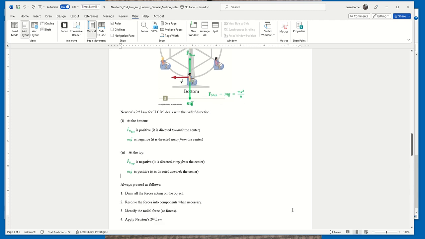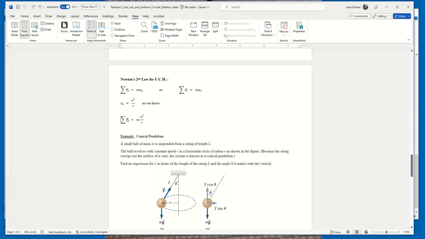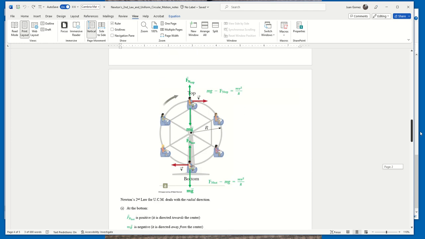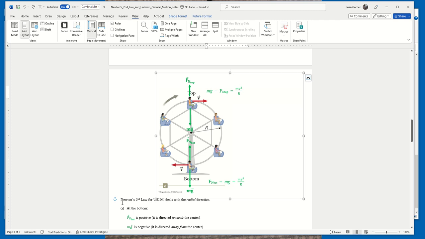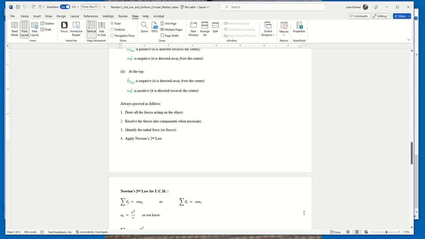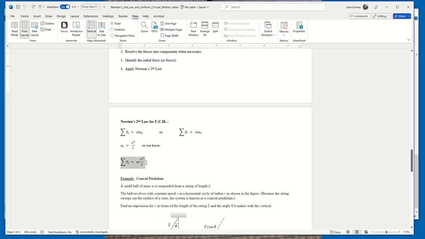Again, Newton's second law for UCM: the sum of the radial forces must equal mv squared over r. Remember, radial forces towards the center are positive. I'm looking at the top now, so mg is towards the center, it's positive. Fn top is directed away from the center, it's negative.